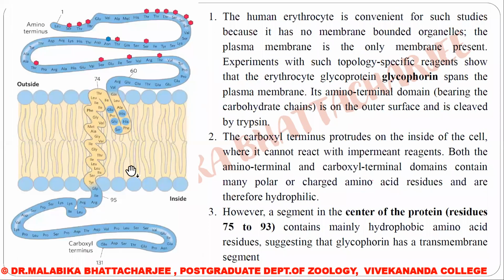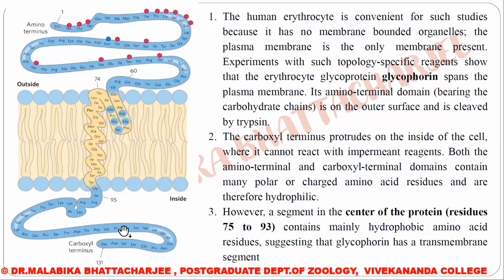And this is the human erythrocyte membrane. This was the most convenient membrane to study the plasma membrane structure. You can see the membrane-spanning integral membrane protein that has been shown here.